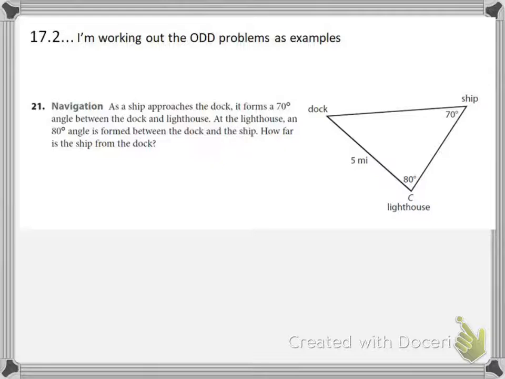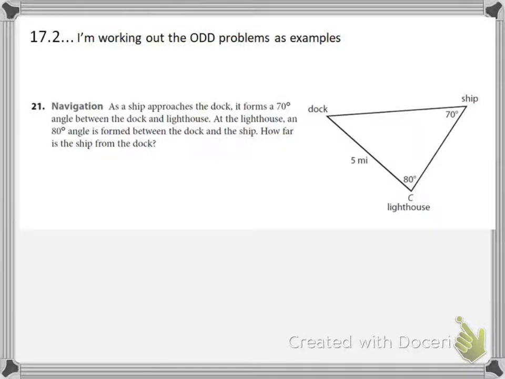Oops, almost lost my whole picture. And we know that an 80-degree angle is at the lighthouse, forming an 80-degree angle between the dock and the ship. Again, already on the picture. How far is the ship from the dock?